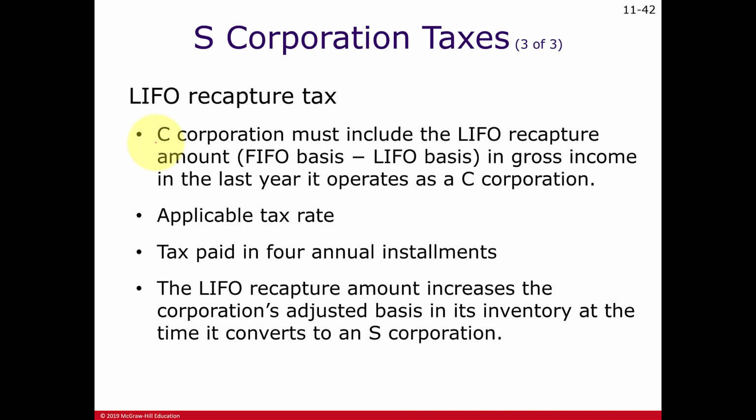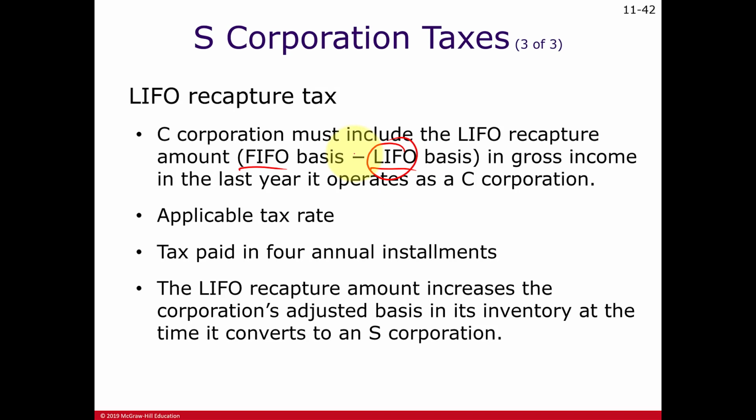Again, S corporations do not generally pay income taxes, but these are exceptions to that general rule. And this last exception is if you remember the terms FIFO and LIFO. Many corporations that deal with inventory during an inflationary period like to use the LIFO method because that will save them taxes.